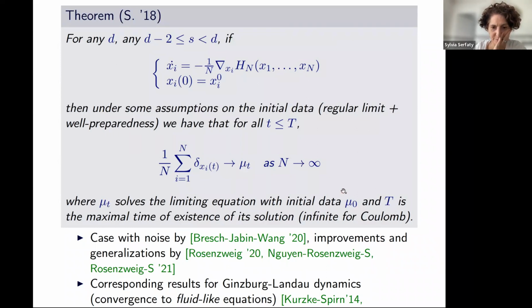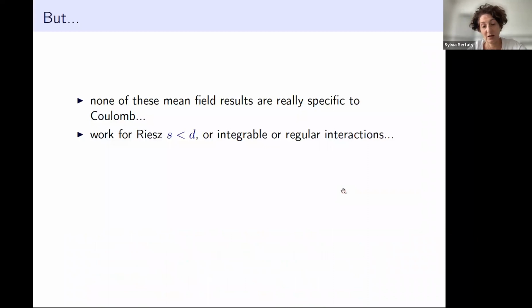Okay, so I want to step back for a second, because these mean field results, where you study the empirical measure and find its limit, I told you already, for minimizers, this doesn't really require to be Coulomb or Riesz or anything specific.